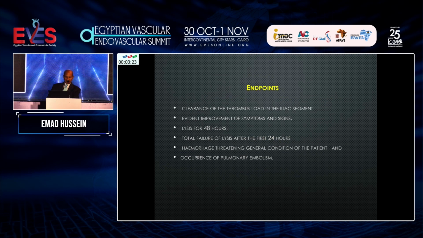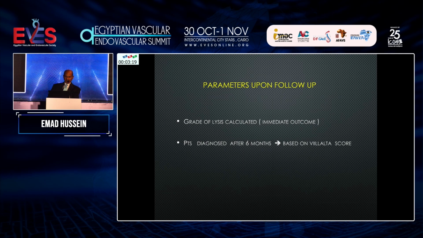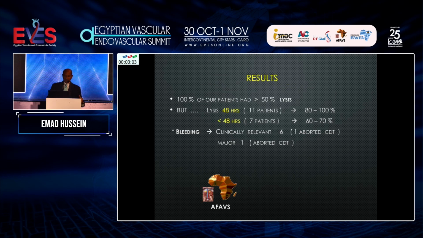Careful about that, because I'll come back to this at the end. The technique is well known to all of you. The parameters of follow-up are the degree of lysis and whether PTS is diagnosed after 6 months of follow-up. Of course, one would argue here that PTS can happen after 2 or 3 or 4 years. We are aware of that, and we are aware of the limitations of our study, of course. And these are our results.